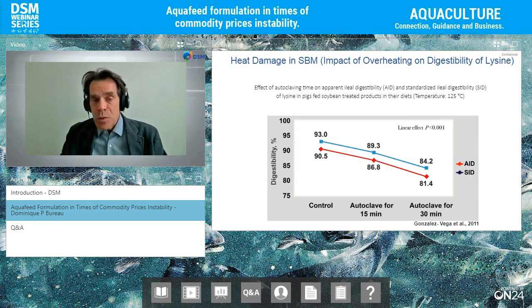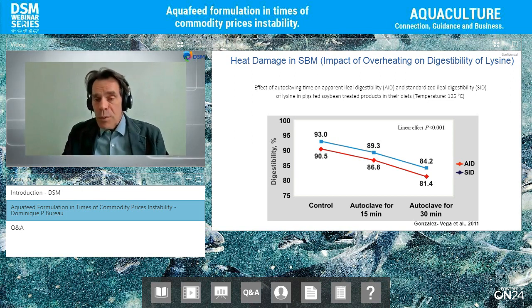This has been demonstrated experimentally, but also in practice, like I showed you in a previous slide. If you overheat soybean meal, you will have a reduction in the digestibility and in the performance of the animal.